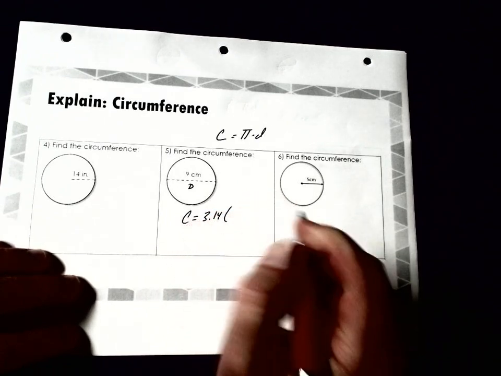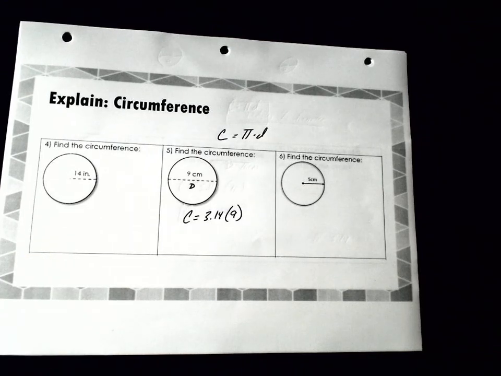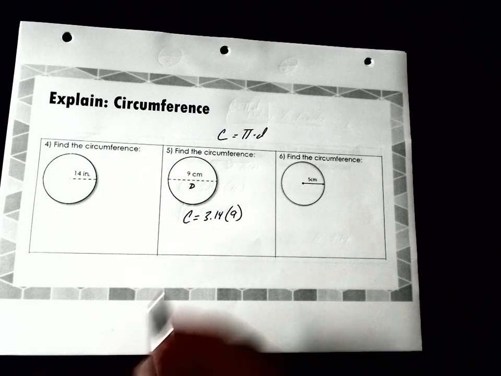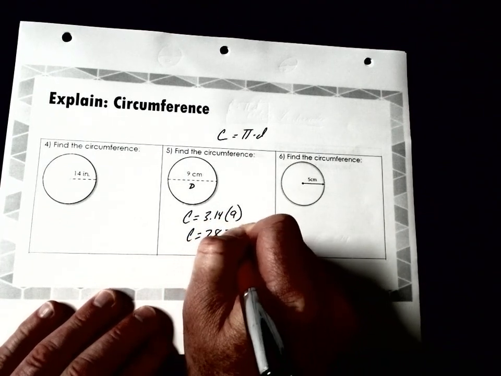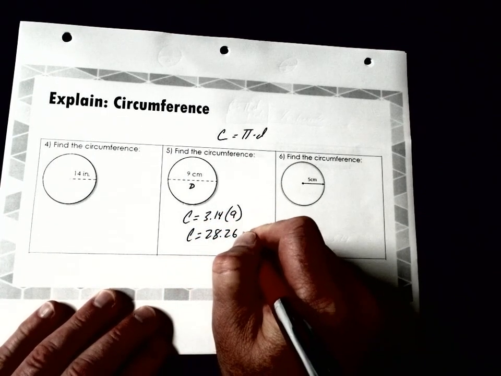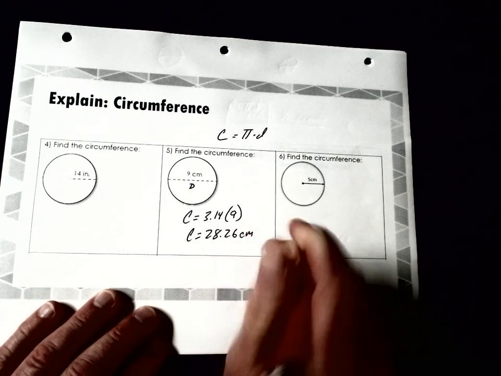We'll write it a little bit different this time. So all I have to do on the calculator is 3.14 times 9. And that gives me the circumference of, and it's again in centimeters.